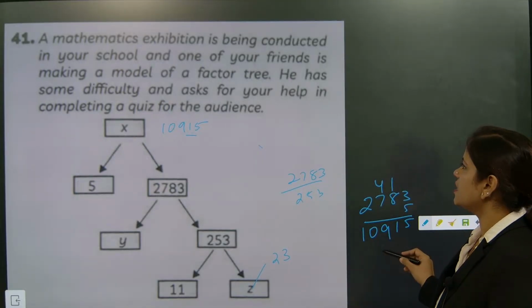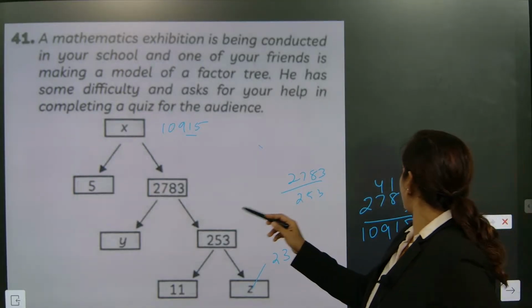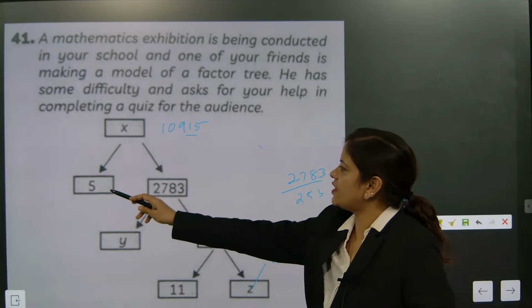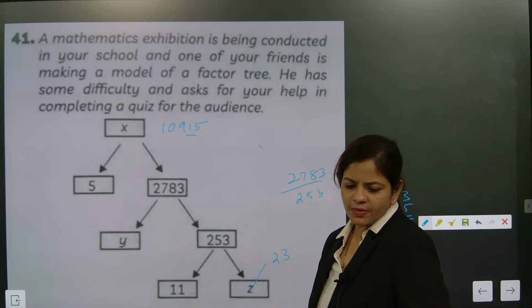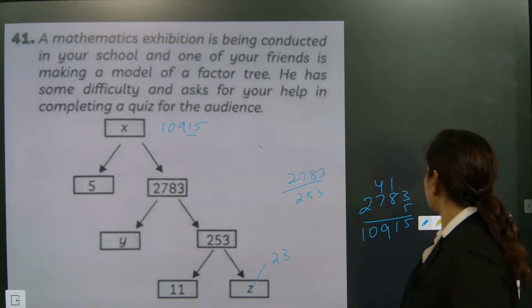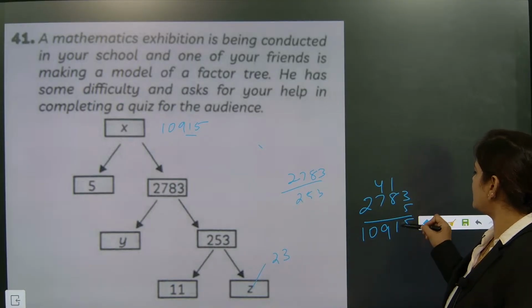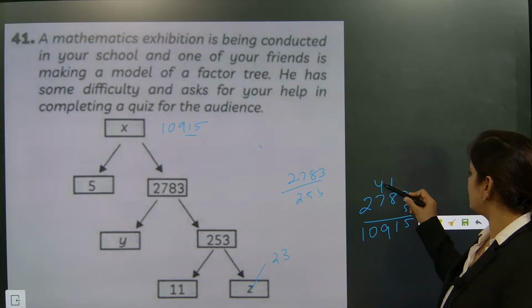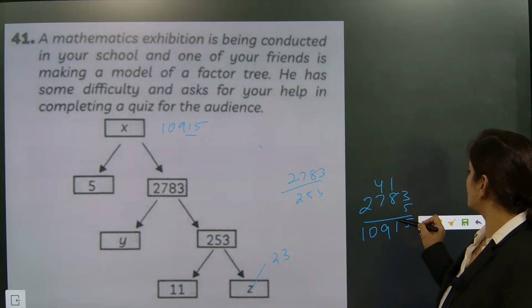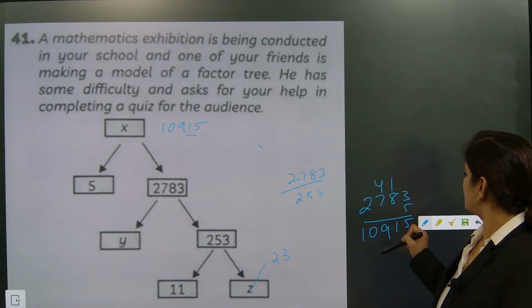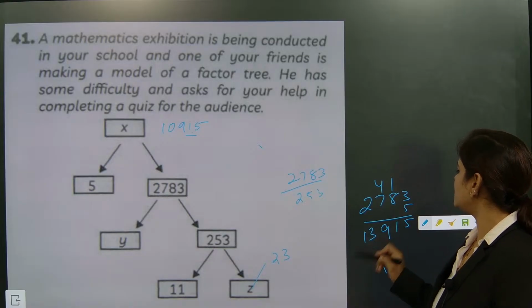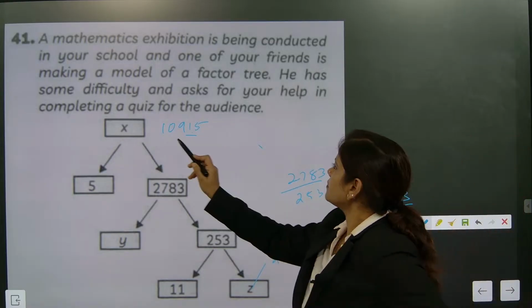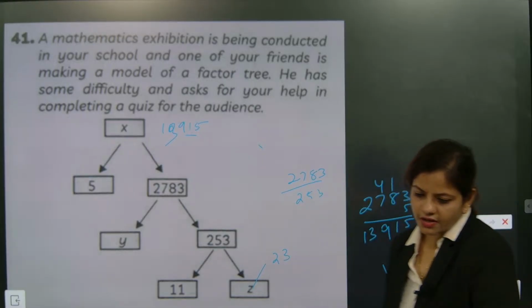Which part are you doing here? 2783 multiplied with 5. 5 3s are 15, 5 8s are 40, 5 9s are 45, 5 2s are 10. Correct. It is coming 13915. Correct. Yes.